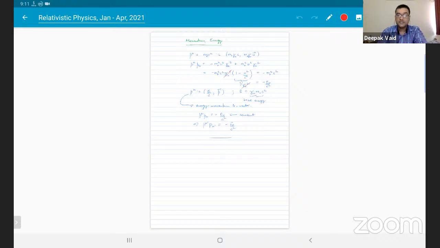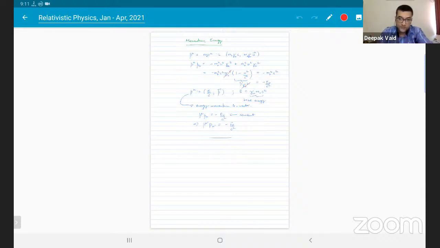So now what happens is that when an observer looks at these jets from a distance and calculates the velocity of the jet, it can appear to that external observer that the jet is moving at a superluminal velocity. So that is an apparent effect. It is not a genuine effect.